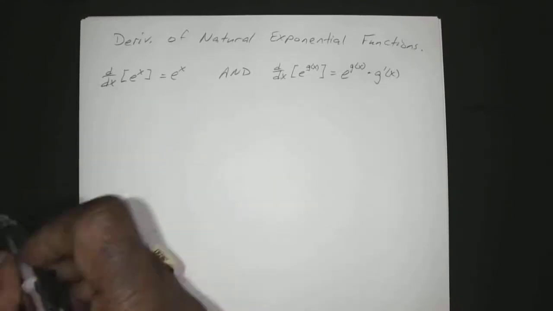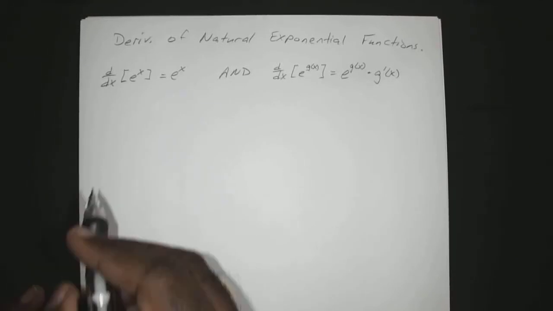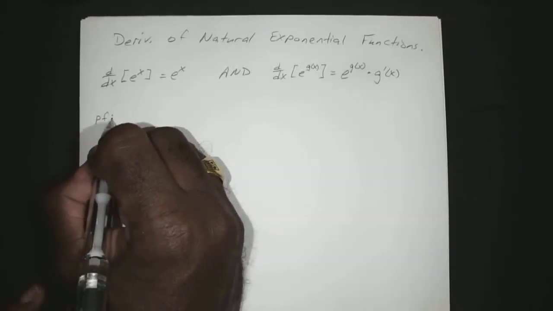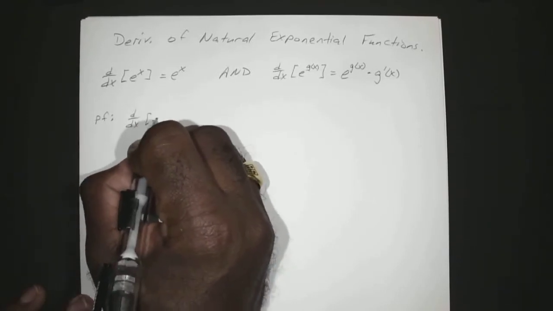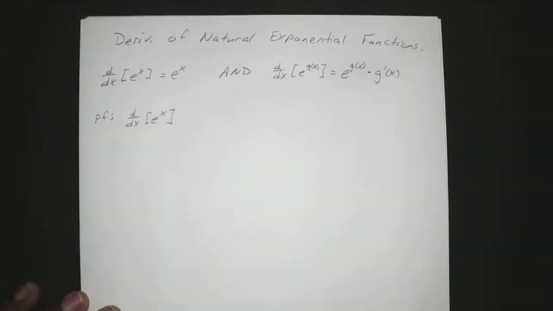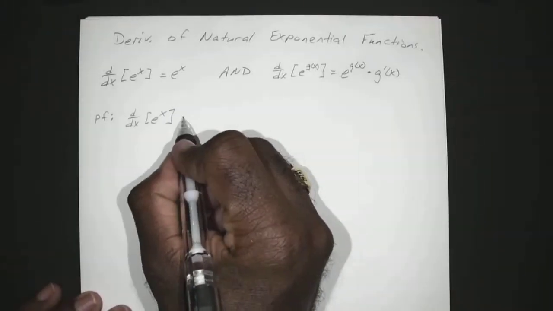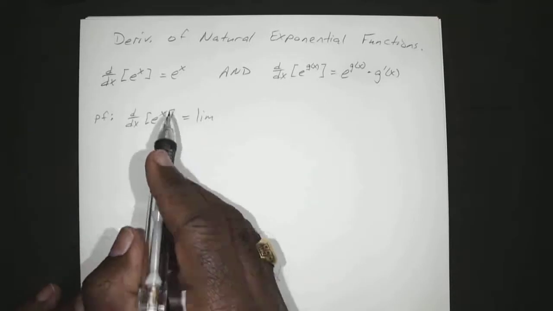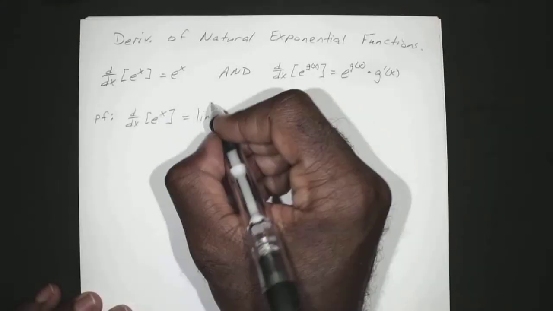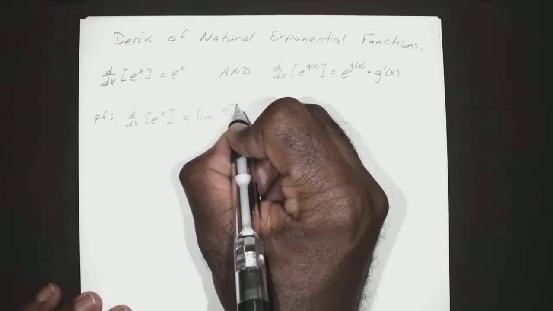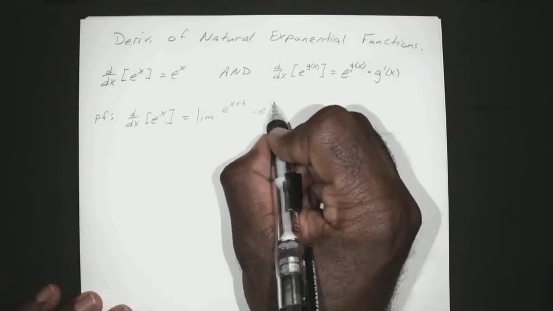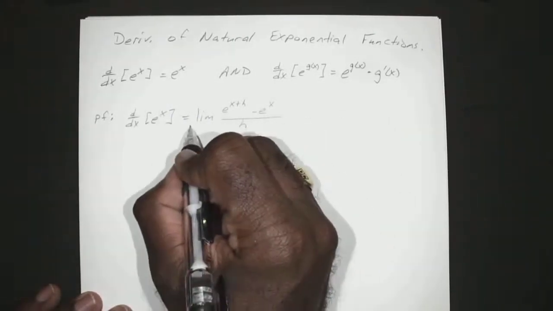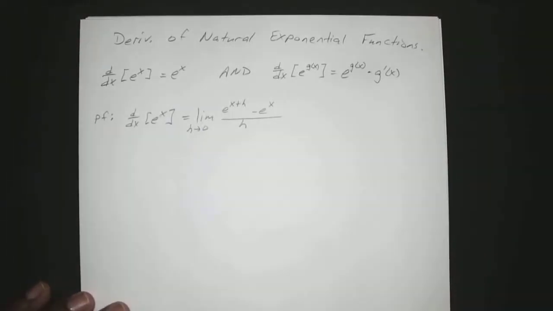Okay, so we're just going to prove the first one. The second one's pretty similar. Derivative of e to the x with respect to x, it's going to equal the limit of f of x plus h, which is e to the x plus h, minus f of x, so minus e to the x, all over h, as h approaches 0.